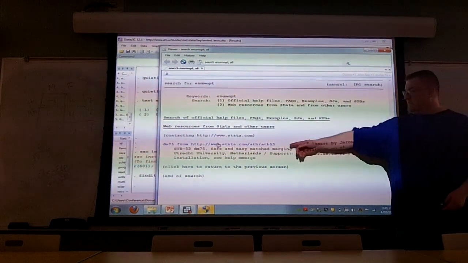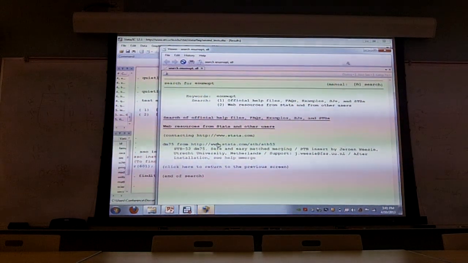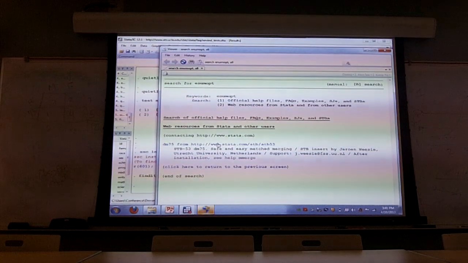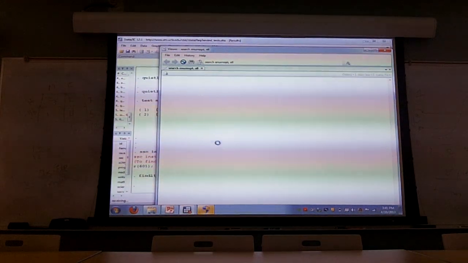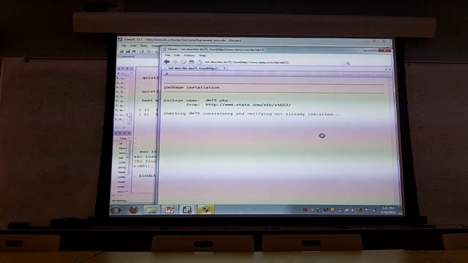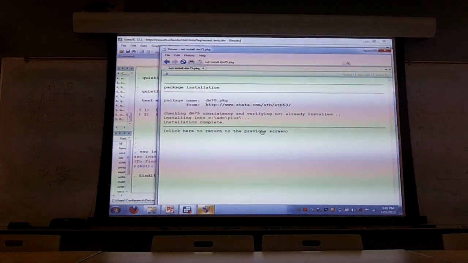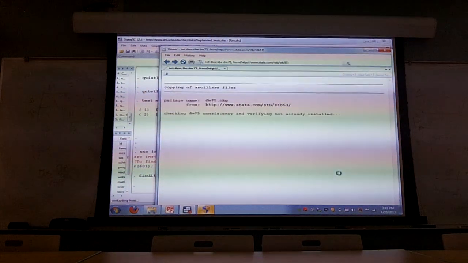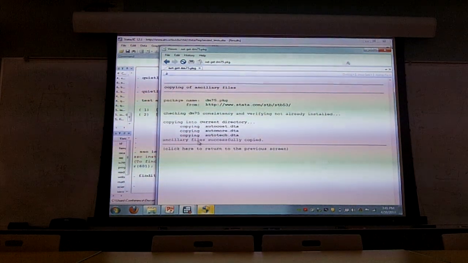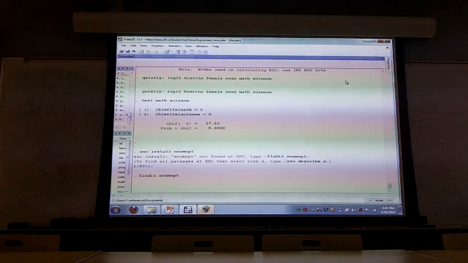So I can find it here. What I'm going to do is click on this little blue part here, and then it's going to say, click here to install. Bada bing. Then I'm going to get the ancillary files too. I can close that down.